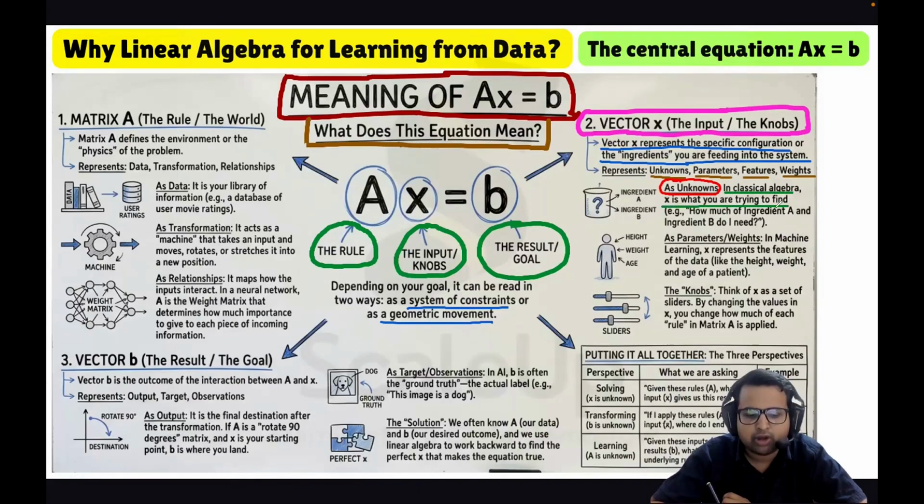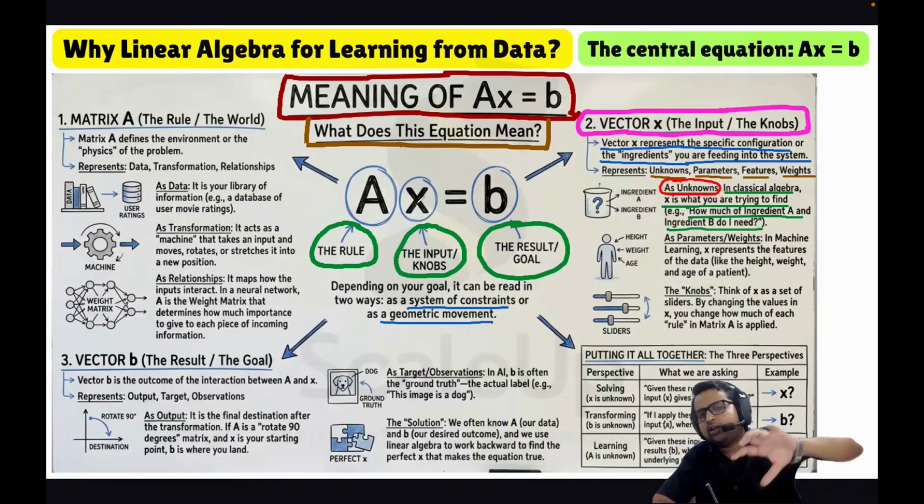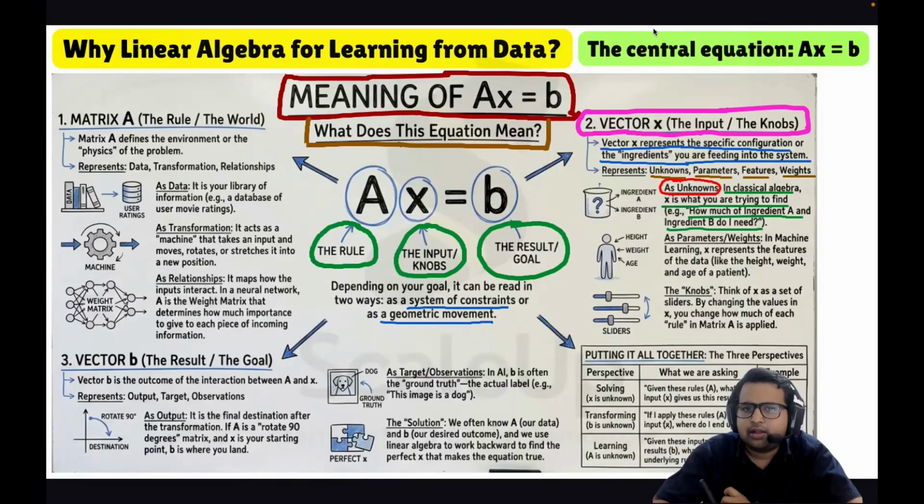Like how much of ingredient A and ingredient B do I need? So it's very clear that x can represent an unknown which we are trying to find, like how much of A should I use to get b. This vector x can also represent parameters or the weights.